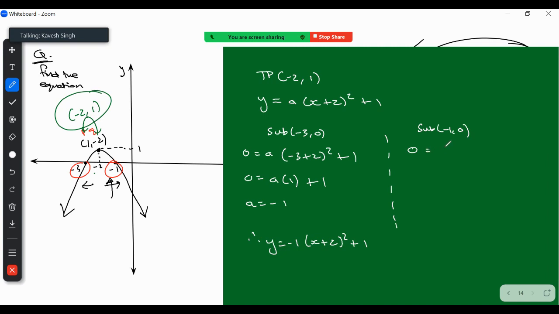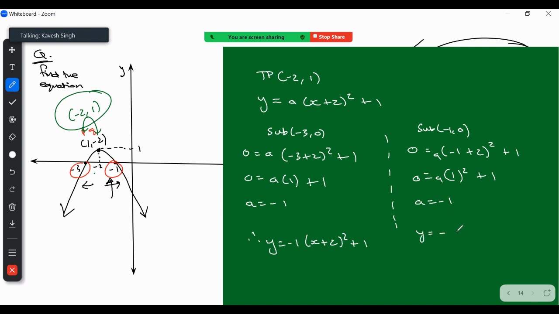I can also substitute (-1, 0), and I should get the same equation. So 0 equals a(-1 + 2) squared + 1, and this is going to equal 1 squared plus 1, right? And don't forget the a here. So a equals -1.